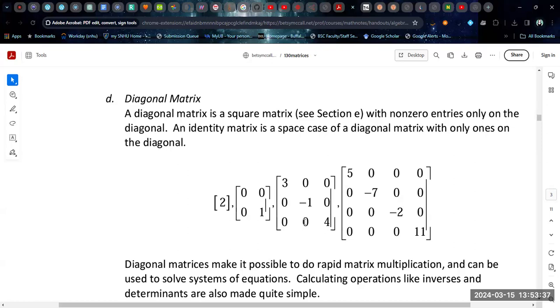So you can think of these as both upper and lower triangular, or the special case of a diagonal matrix. These are also very useful for doing calculations that are relatively straightforward. And so these are very popular types of matrices. We're going to talk in linear algebra about methods for converting a matrix into a diagonal matrix if possible.